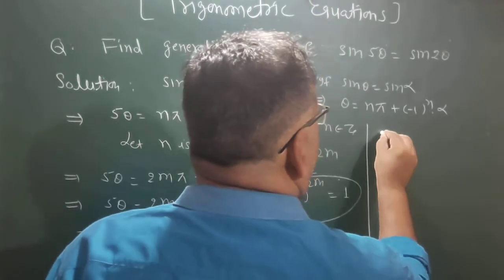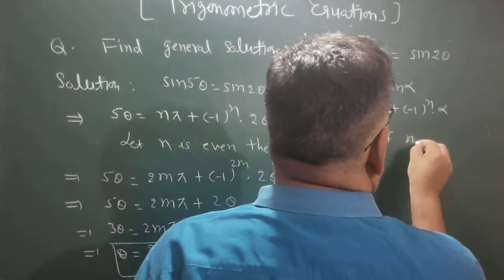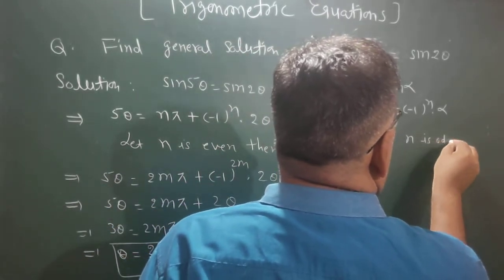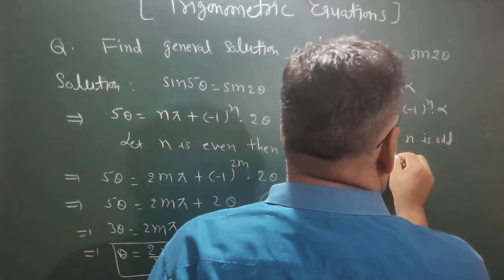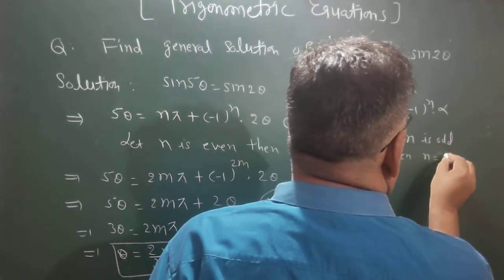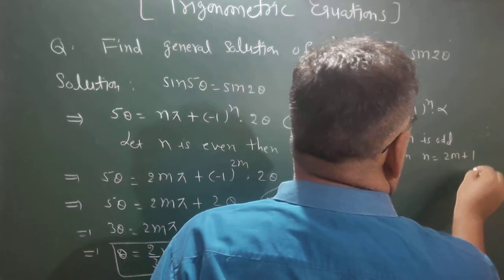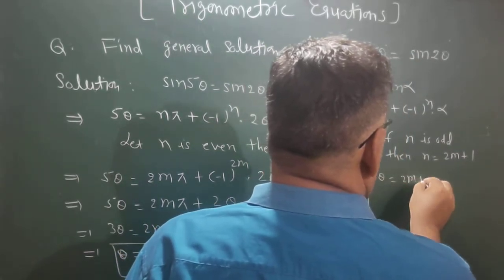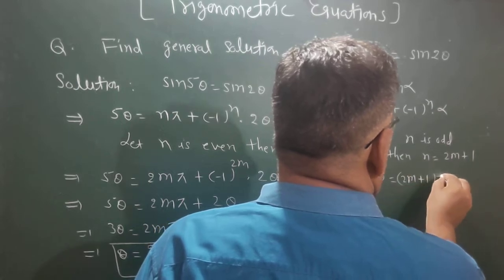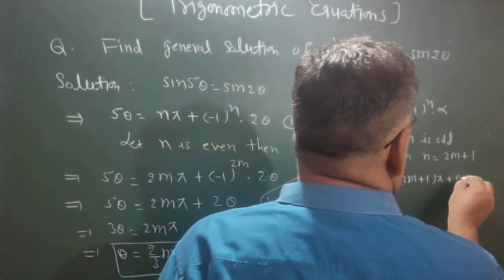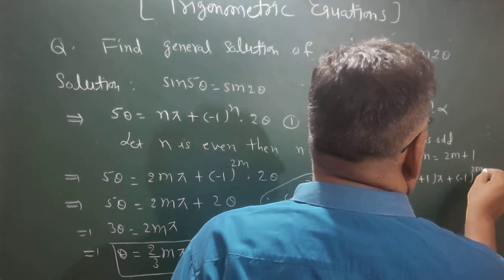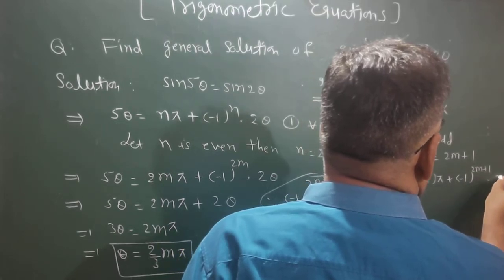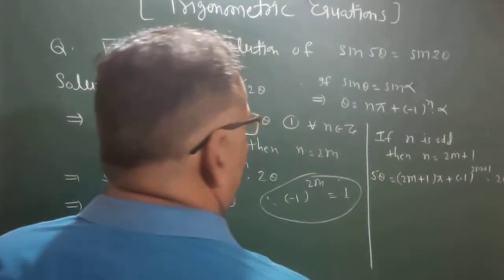Now if n is odd, then n can be taken as n equal to 2m plus 1. Then 5 theta equal to (2m plus 1) pi plus minus 1 to the power 2m plus 1 into 2 theta.